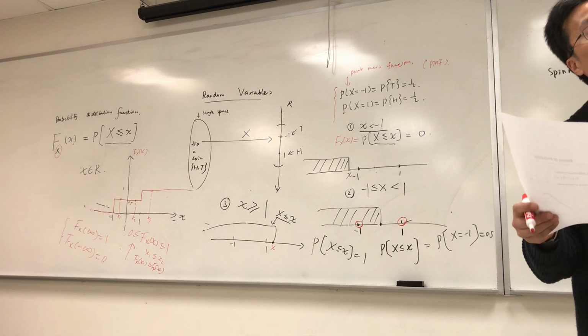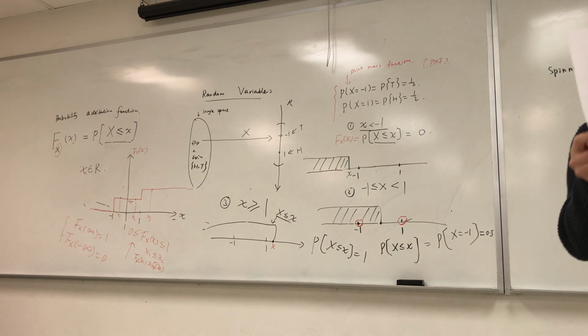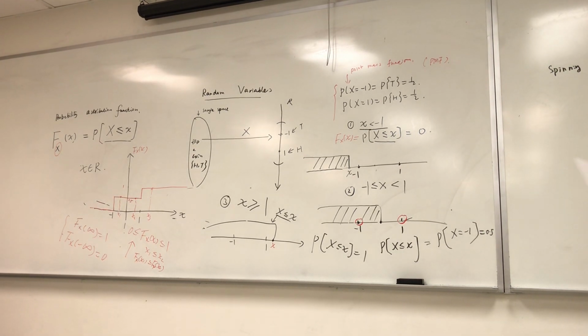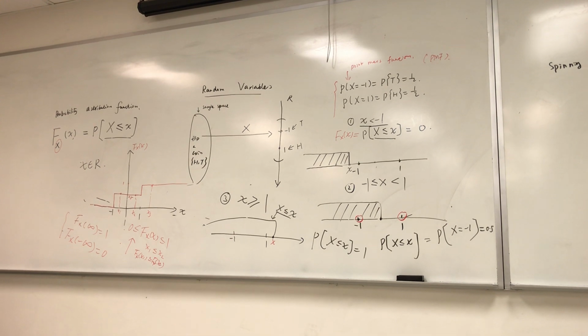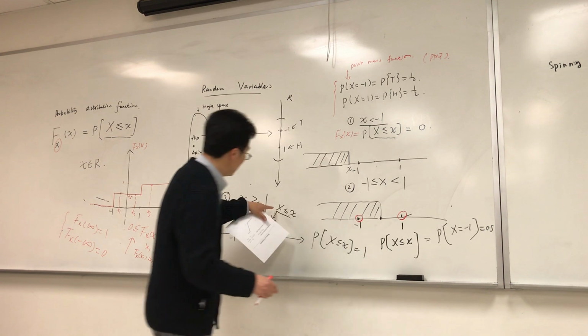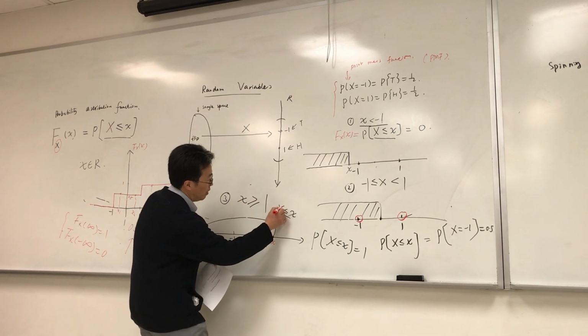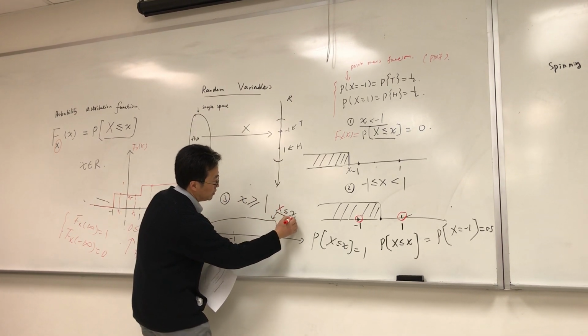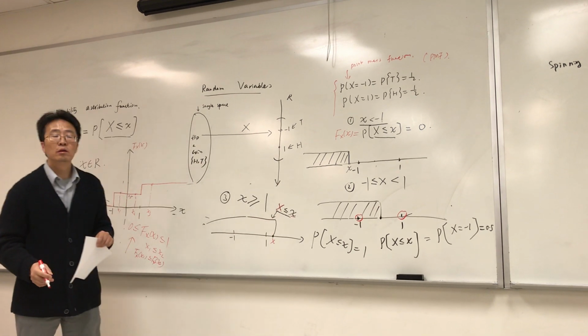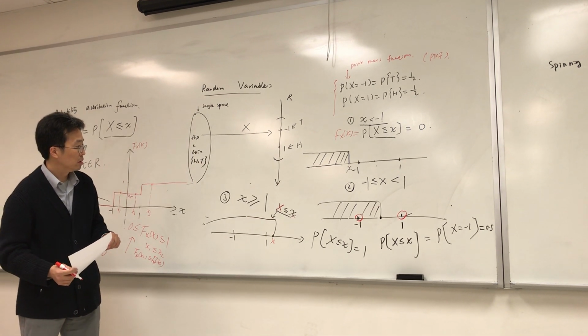And the number of possibilities just depends on what? Your sample space. So just to be clear, the x to the right of the number 3, that's a lowercase x, right? Oh, you mean here? Yes. And this is uppercase, and this is lowercase. And to the left of that, that's a lowercase x.